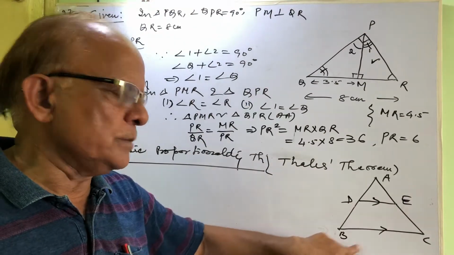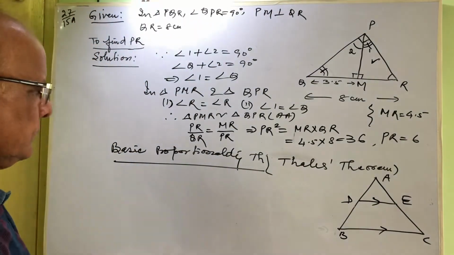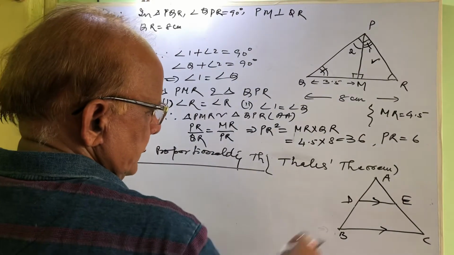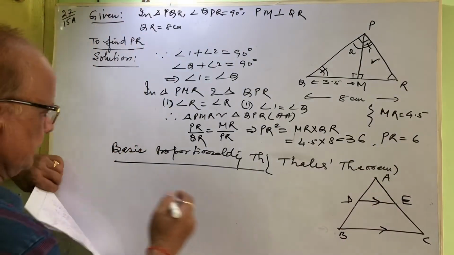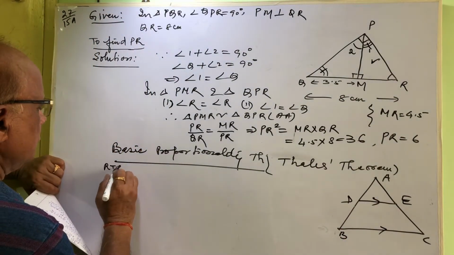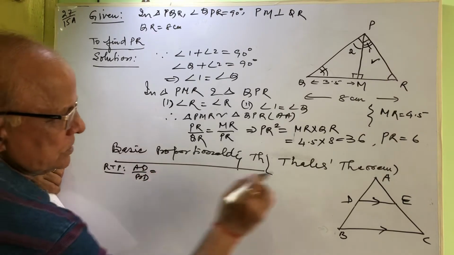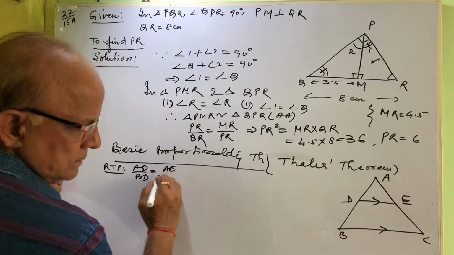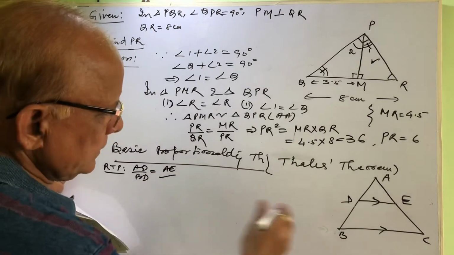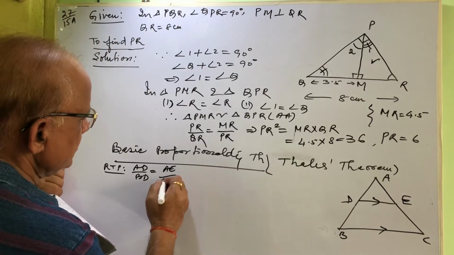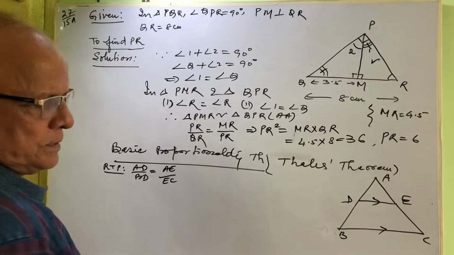DE is parallel to BC, it is given. Now we have to prove that AD by BD is equal to AE by EC. We have to prove it.